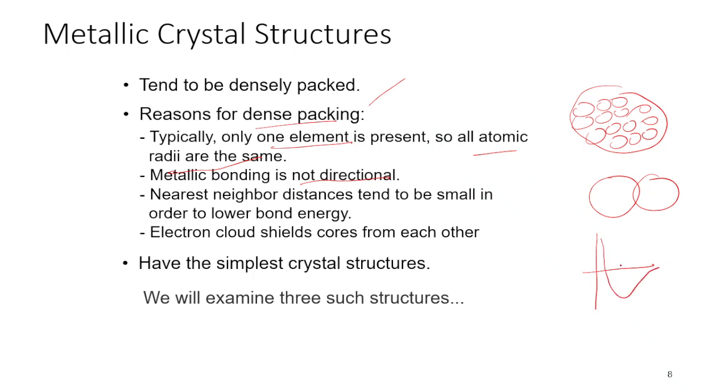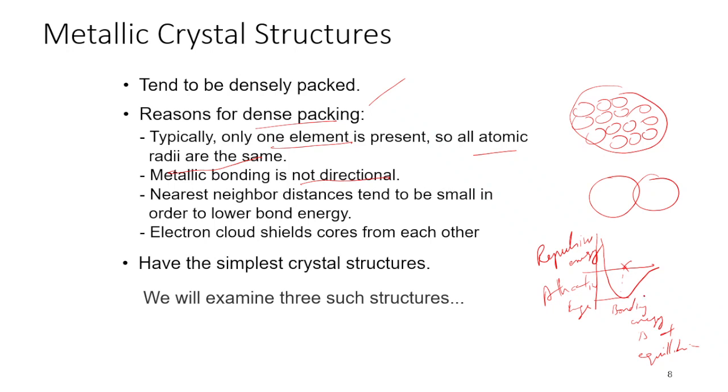If this is the attractive force, attractive energy, and this is the repulsive energy, then at this particular point the force of attraction is high and bonding energy is at equilibrium.